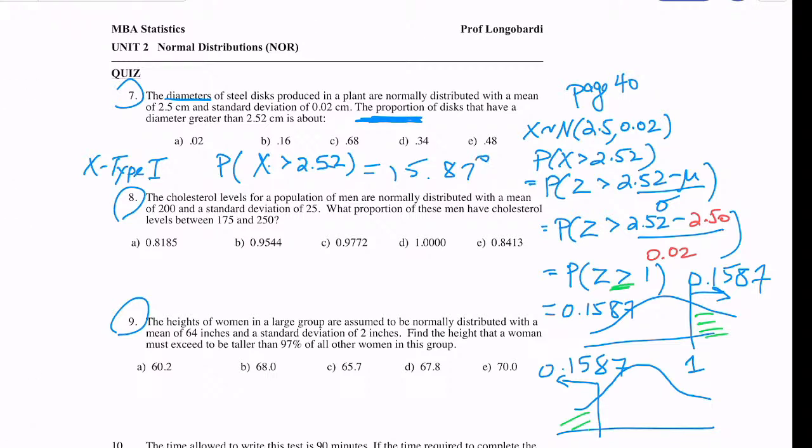And I lost my Apple Pencil. So it's 16%, you see? 15.87 percent, yeah, it's a 7. Or 16% if you choose from the alternatives.